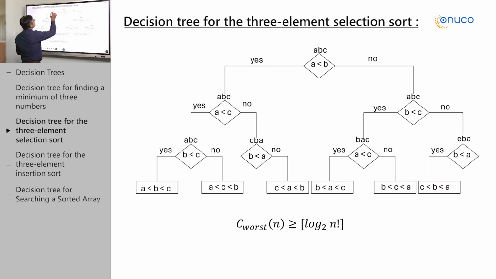Now the decision tree for 3-element selection sort. Again, you are going to perform selection sort. Remember what you have learned: we find the minimum element and its appropriate place, swapping with the very first element.